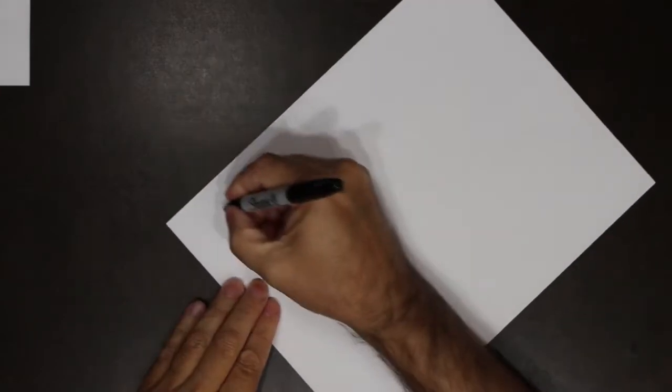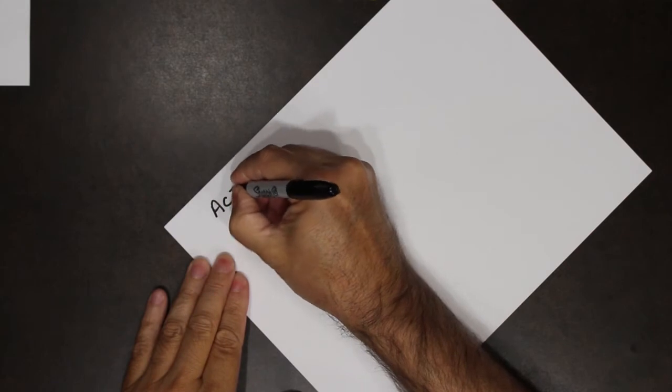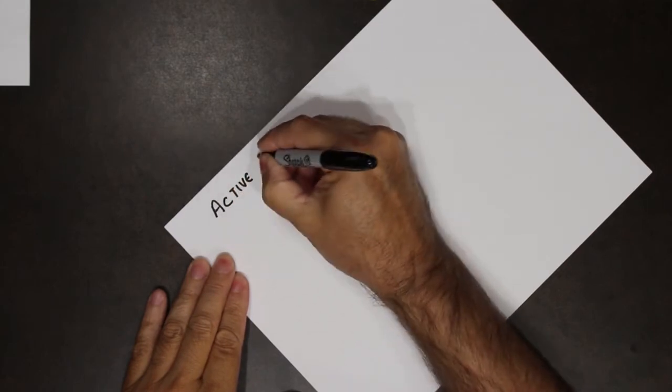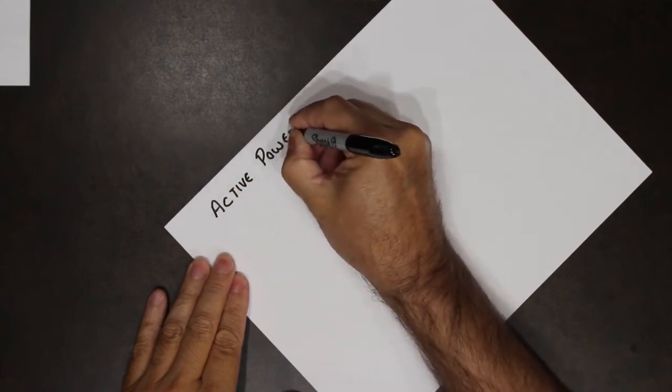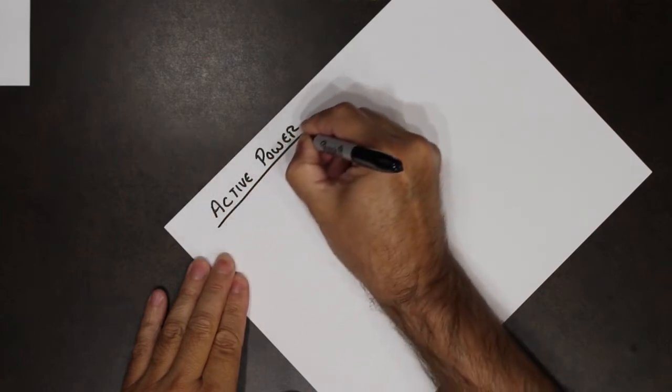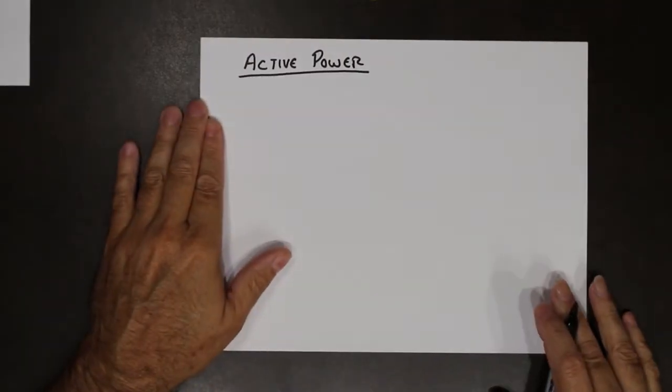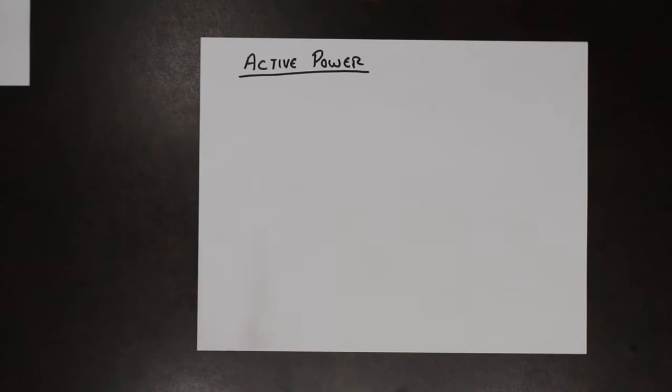The first one we're going to look at is active power. In an AC or complex system, there are three types of power: active, reactive, and apparent power.